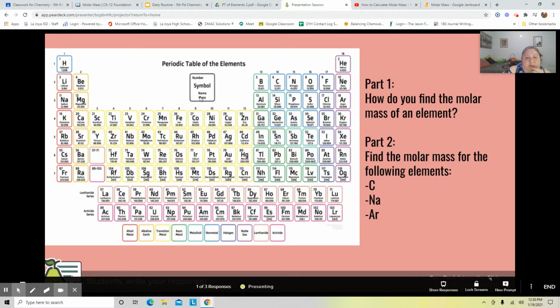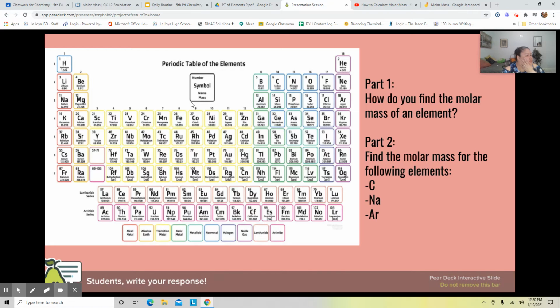Or are you going to look at the atomic mass of that element? What's going to help us, guys? I gave you 4 options. Atomic number, atomic symbol, atomic name, or atomic mass.